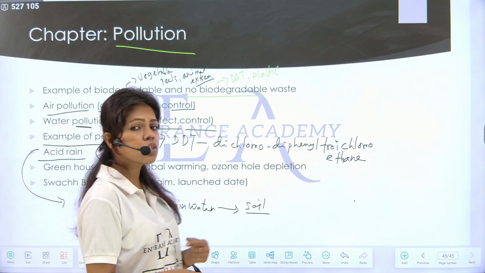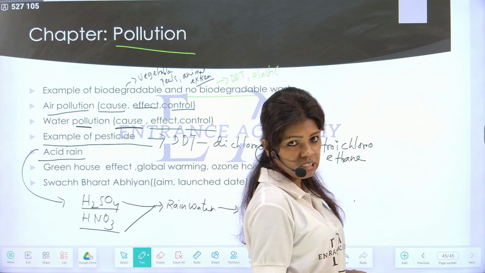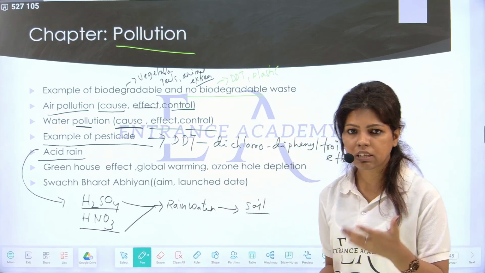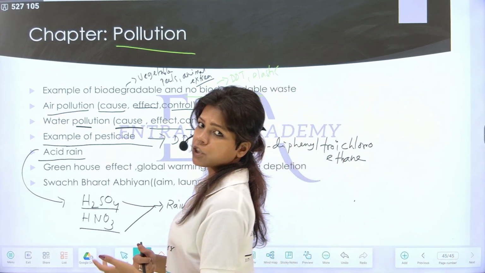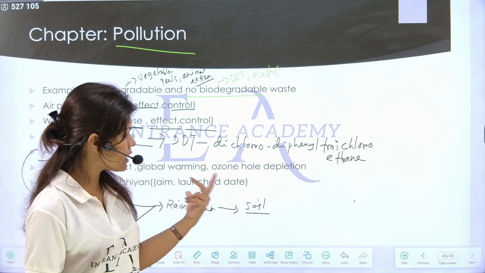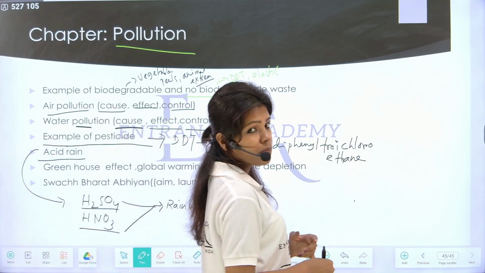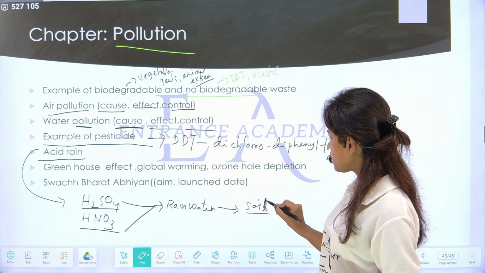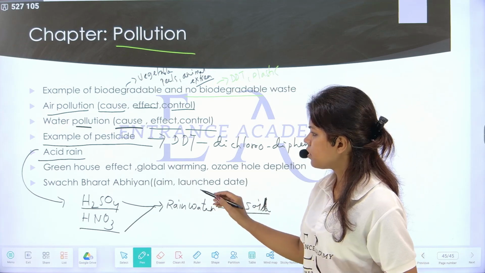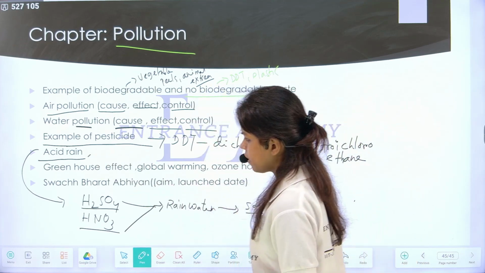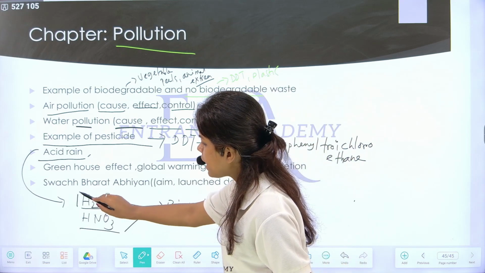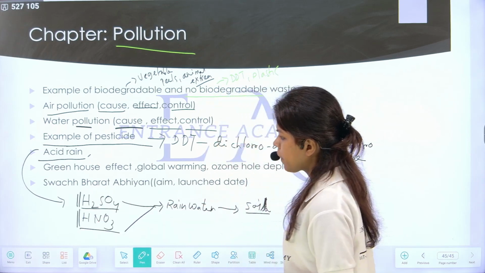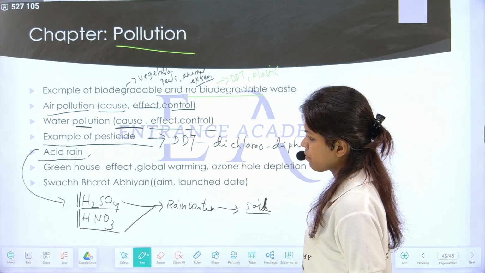As a result, the soil becomes acidic, the fertility level decreases, and the rate of crop production decreases. Not only that, the acid rain can also hamper sculptures. The walls of the Taj Mahal are destroyed by this effect of acid rain. So these two are the acids which you can find in acid rain, that is H2SO4 and HNO3.